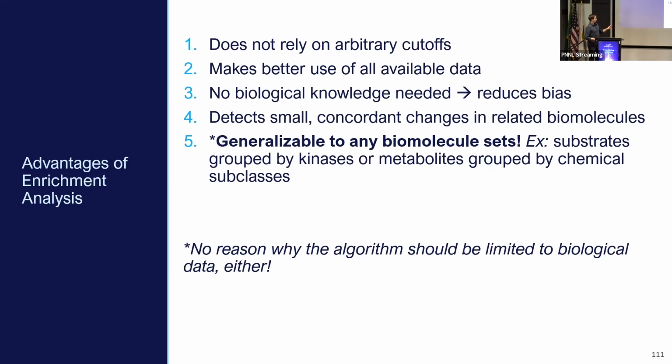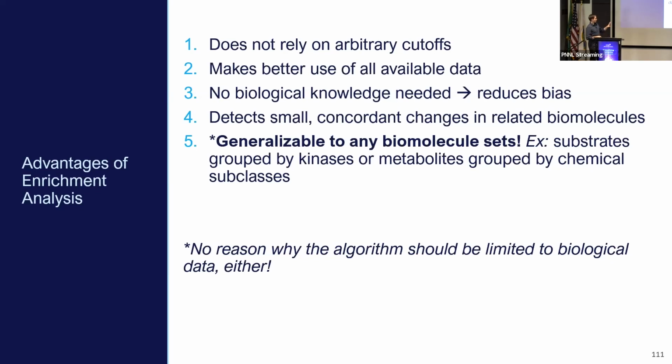The most important thing I want to talk about here is that I've used the language of genes and gene sets, but you can generalize this procedure to any biomolecular set. So you could have phosphosites and kinases. You could have substrates grouped by the kinase that phosphorylates them, and you could figure out, sort of indirectly, whether these kinases are active or not, and whether they're up in one condition or down in that condition.